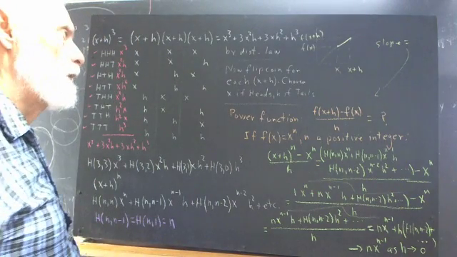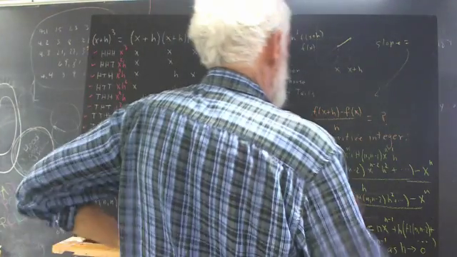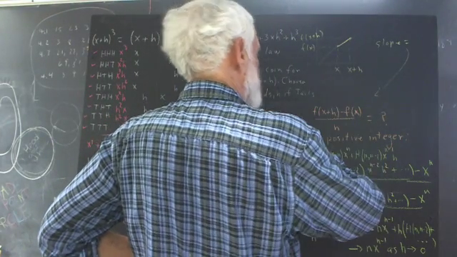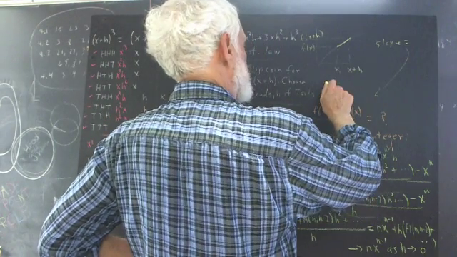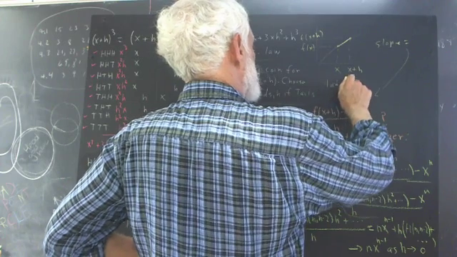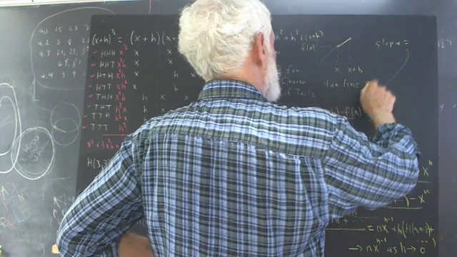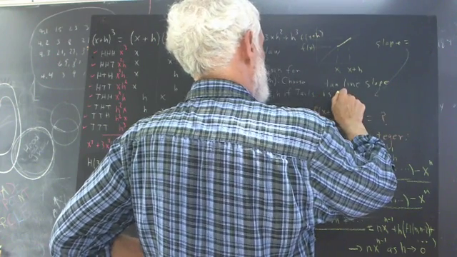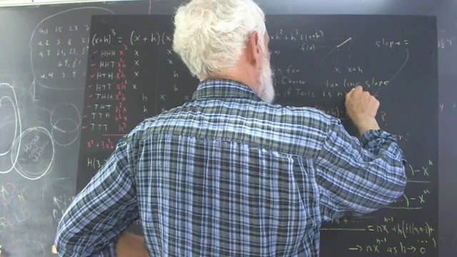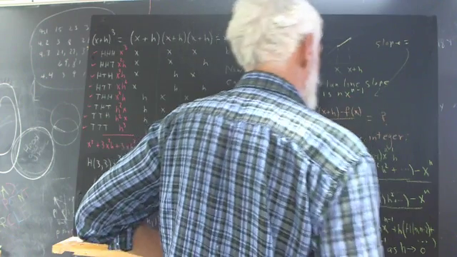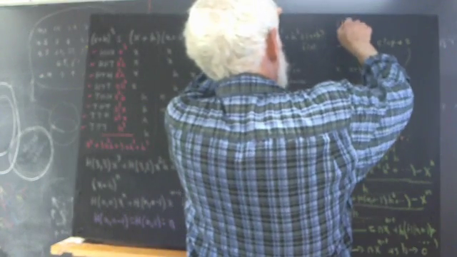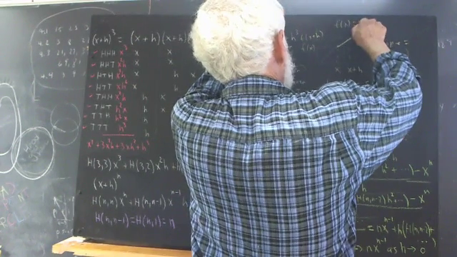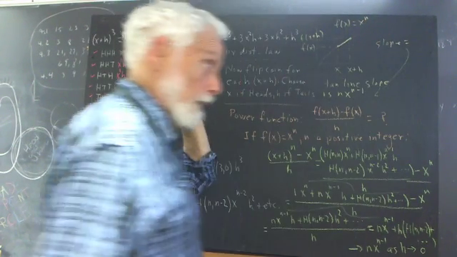So the tangent line slope is n x to the n-1, if f(x) equals x to the n.